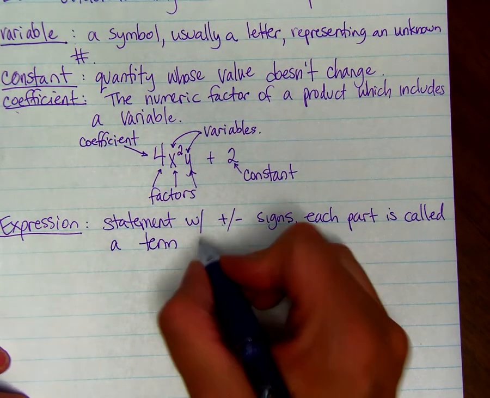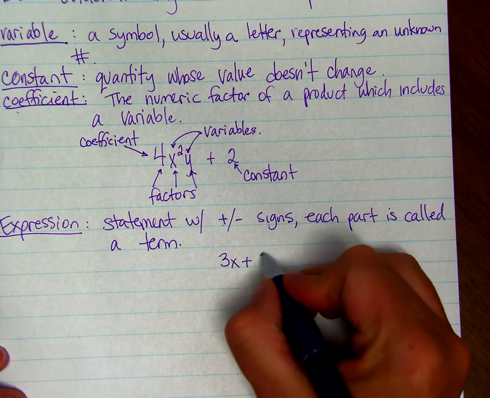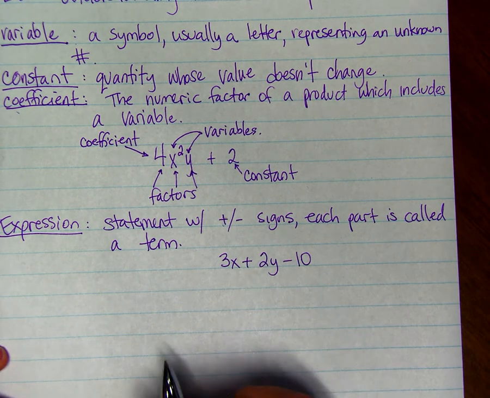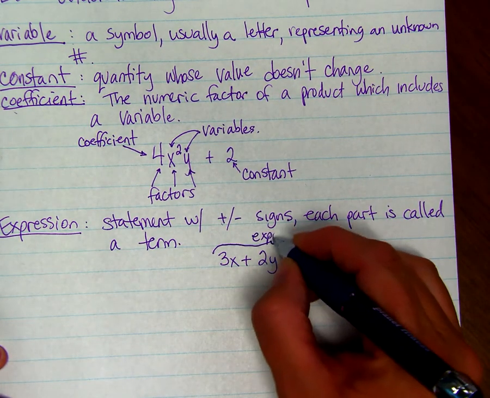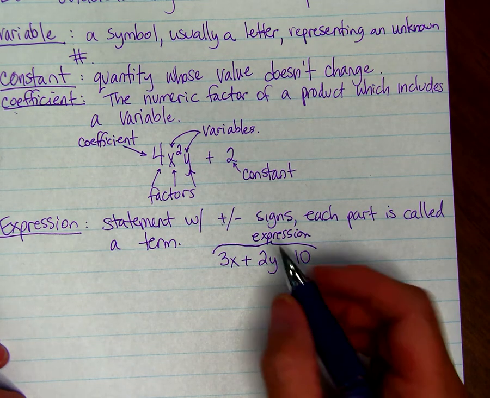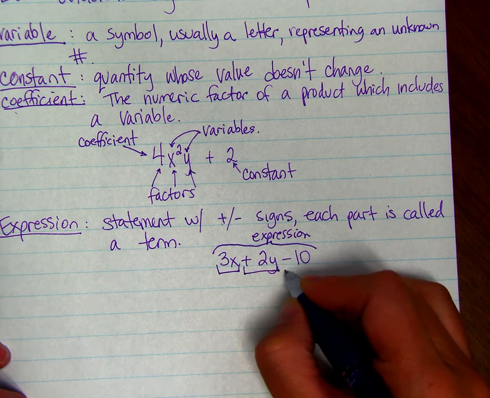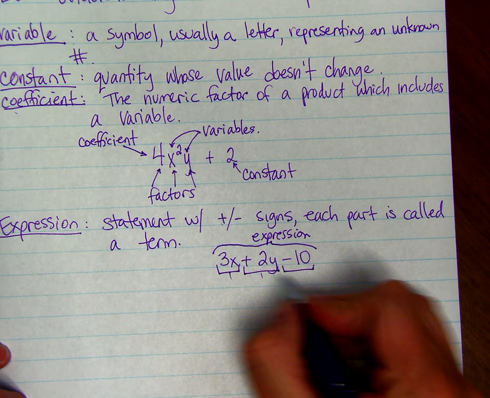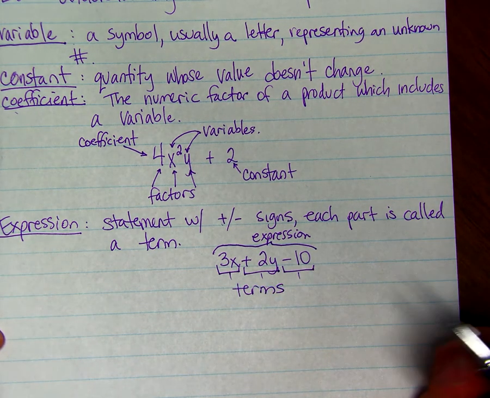So if I had an expression 3x plus 2y minus 10, notice that there's a plus and a minus sign, so this whole thing is considered an expression. Each part, the 3x, the positive 2y, and the negative 10, are all called terms. So this expression has 3 terms.